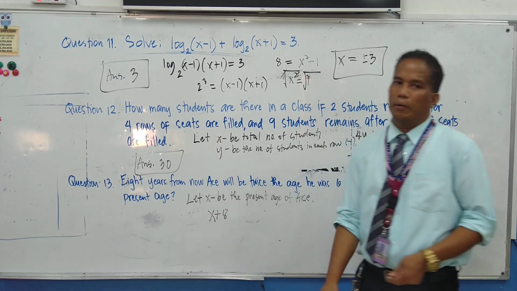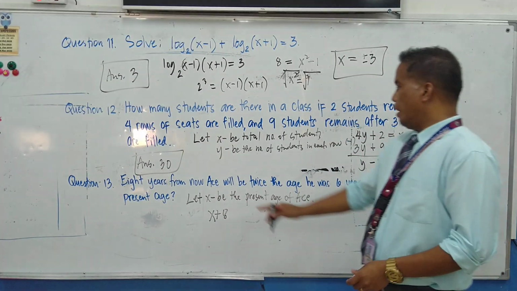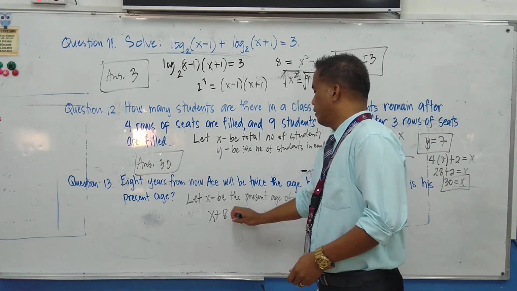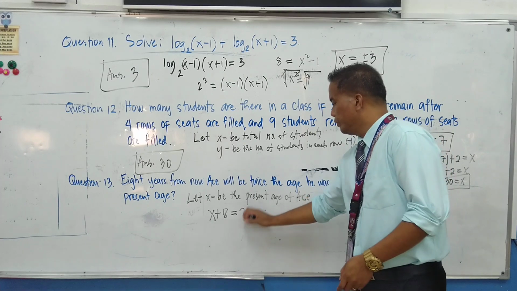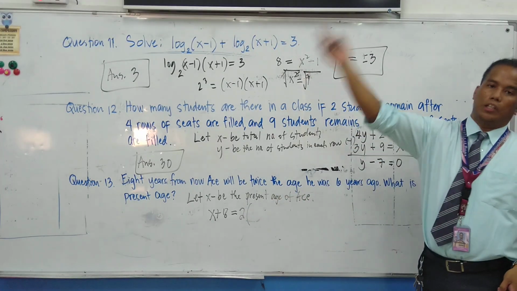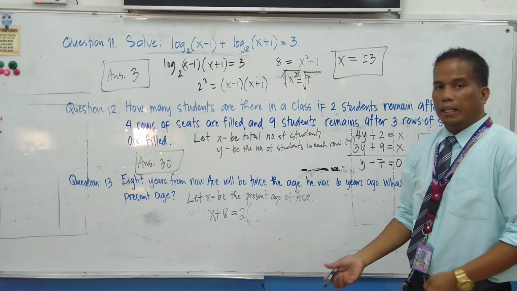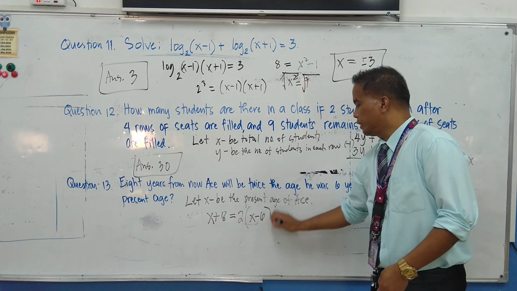Age will be, so is equal to twice, meaning 2 times, the age he was 6 years ago. So 6 years ago, the mathematical expression will be x minus 6.